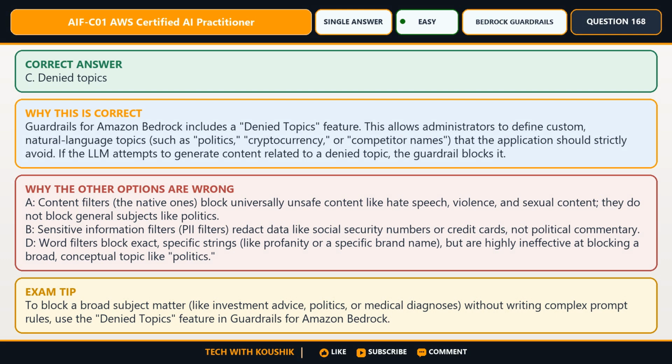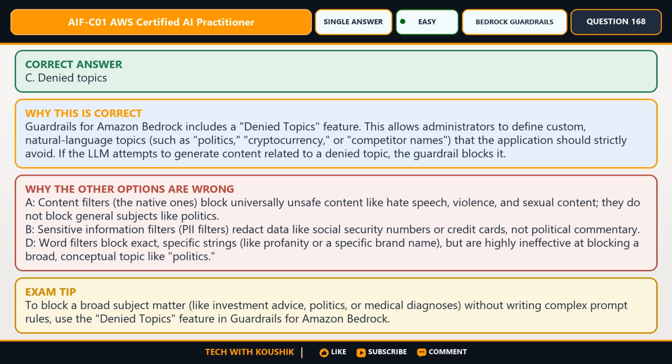Guardrails for Amazon Bedrock includes a denied topics feature. This allows administrators to define custom, natural language topics, such as politics, cryptocurrency, or competitor names, that the application should strictly avoid. If the LLM attempts to generate content related to a denied topic, the guardrail blocks it.